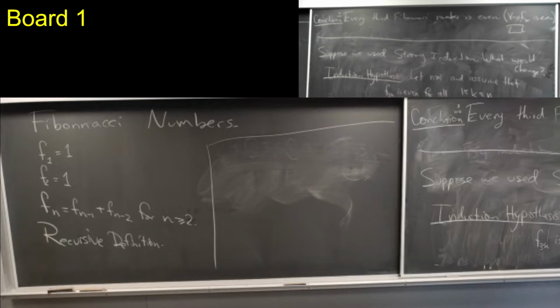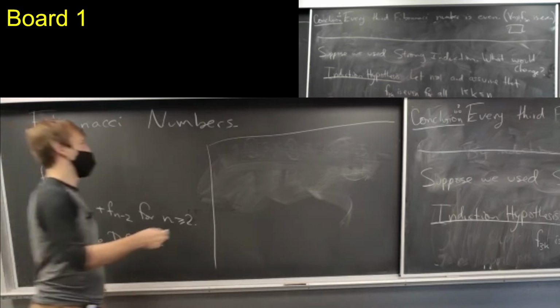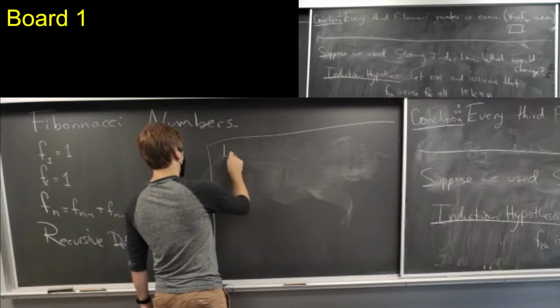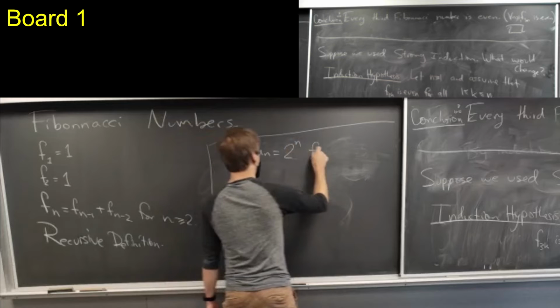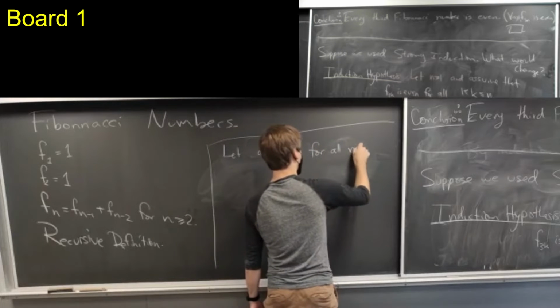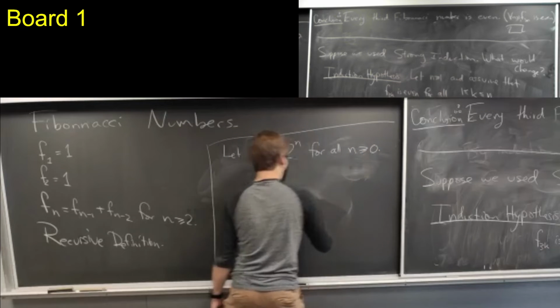Here I gave you a recursive definition, and we wanted to prove something about the sequence. A type of question that could come up, I'm not sure if it will, is to do something backwards. Suppose I give you some sequence and ask you to come up with a recursive definition. Suppose I say let a n be 2 to the n for all n at least 0.